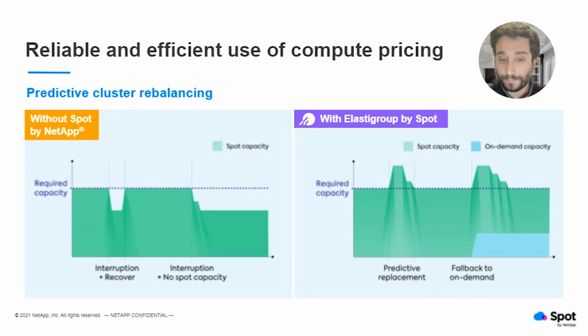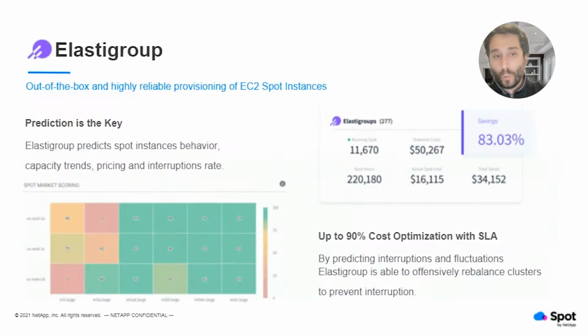So in order to do that, we need to create a mechanism that somehow scores the markets. And the markets are scored in a range of 0 to 100, but it has many factors in it. One of the main factors is the probability of interruption in a specific time frame.